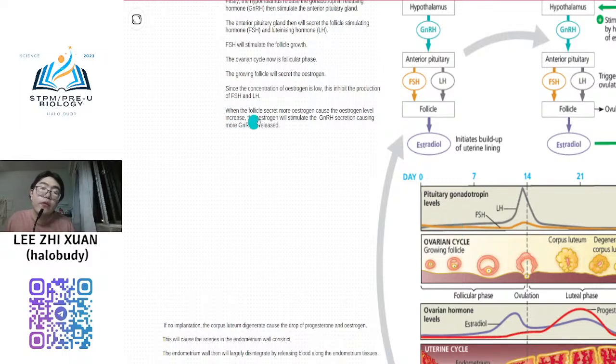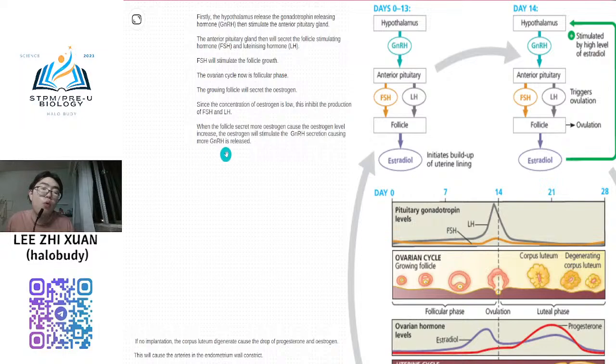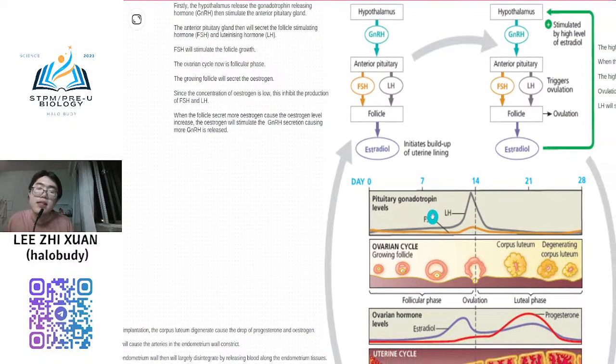When the follicle secretes more estrogen, the estrogen level increases, and the estrogen will stimulate GnRH, causing more GnRH to be released.